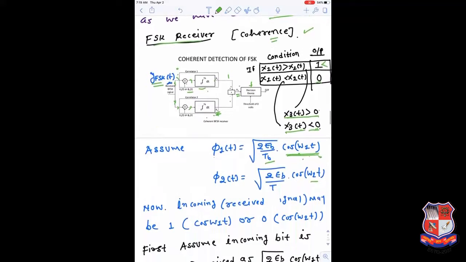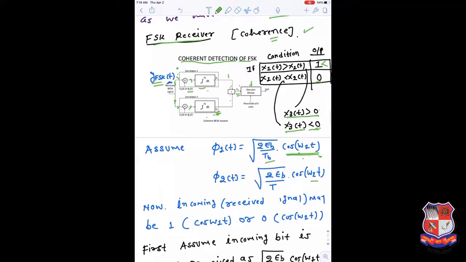Now we go to the receiver. An FSK receiver can be classified broadly in two categories: coherent FSK receiver and non-coherent FSK receiver. In a coherent FSK receiver, we use the same carrier signal at the receiver side to decode the signal, whatever carrier signal we have used at the transmitter side.